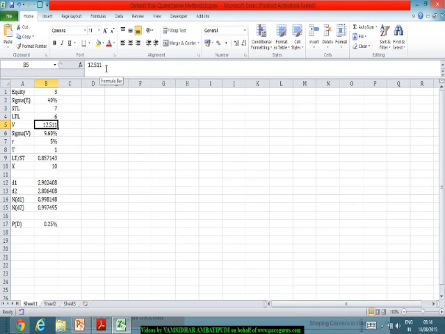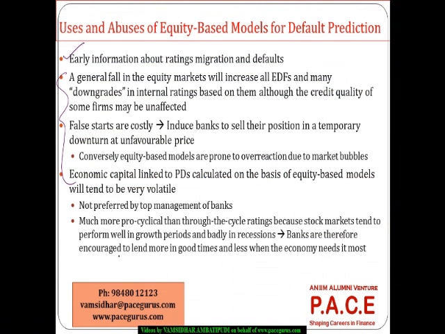So from 12.511, let me make it 11.511, the value of the firm purely because the equity market has fallen. Suddenly, because the value of the firm has gone down, d1, d2 have gone down and the probability of default has gone up drastically. That is what I am trying to say.